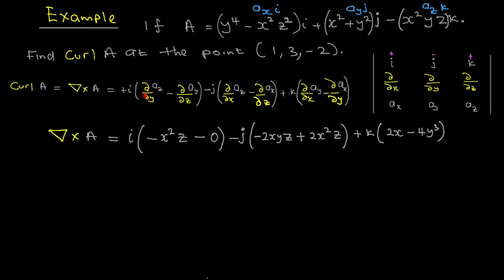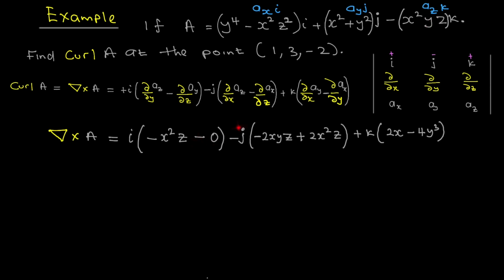And now we're going to differentiate AZ, this is AZ here. We differentiate that with respect to y. So we're expecting minus x squared z, and that's why you get minus x squared z. Because we only differentiate with respect to y, we differentiate y and get 1.